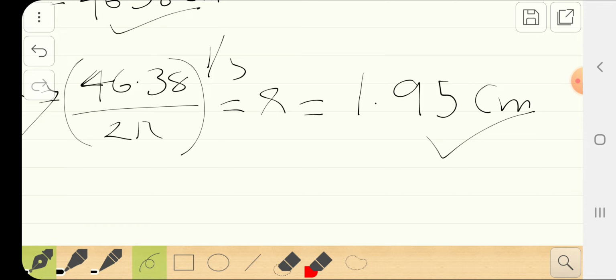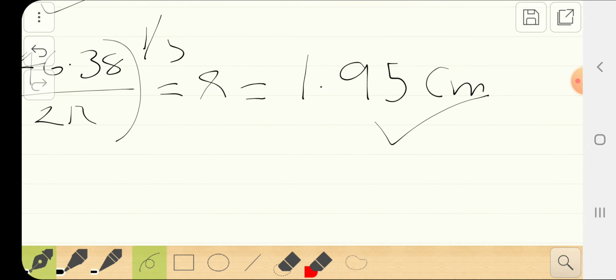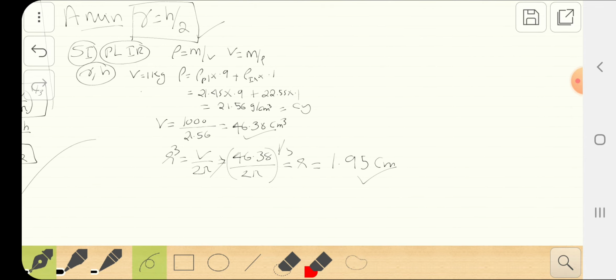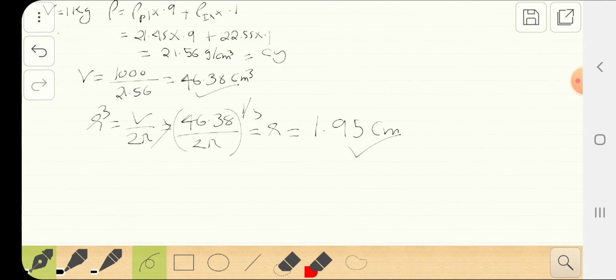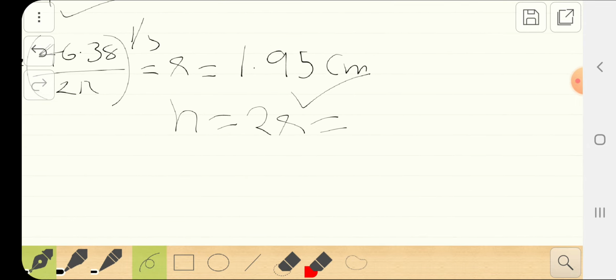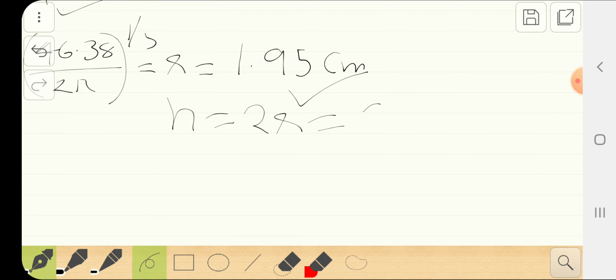It's very easy, we found it straightforward. We didn't go there, we didn't measure it. We know it's 1 kilogram, that's all we know. Now we found out the radius. If the radius is 1.95, then radius and h have the relationship r is equal to h by 2, so h will be 2r, which is about 3.99 centimeter.